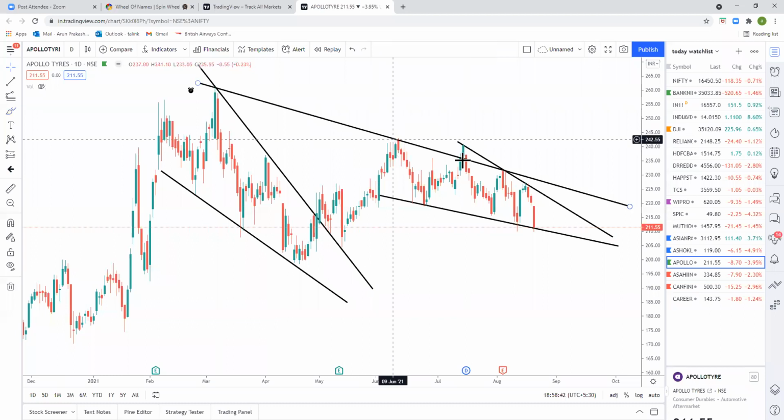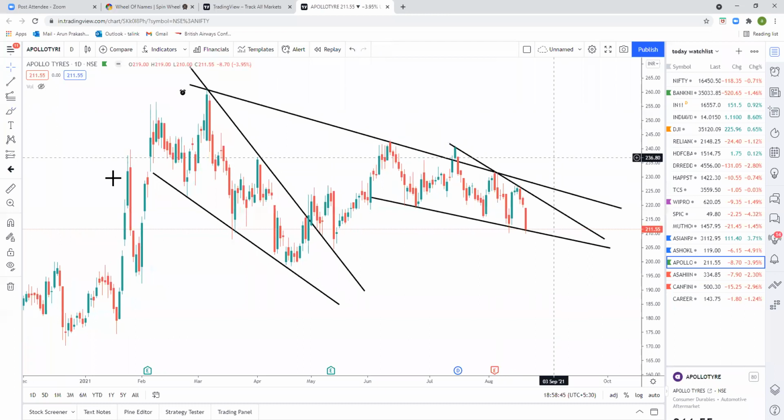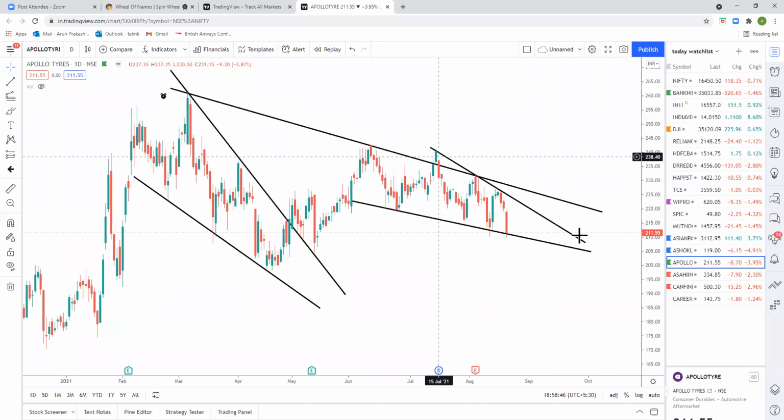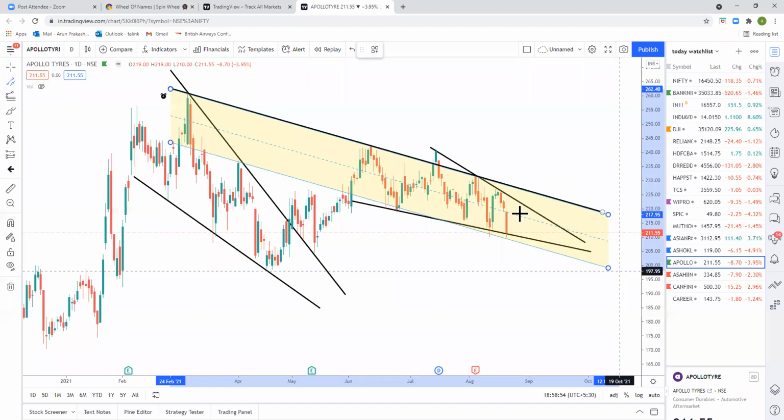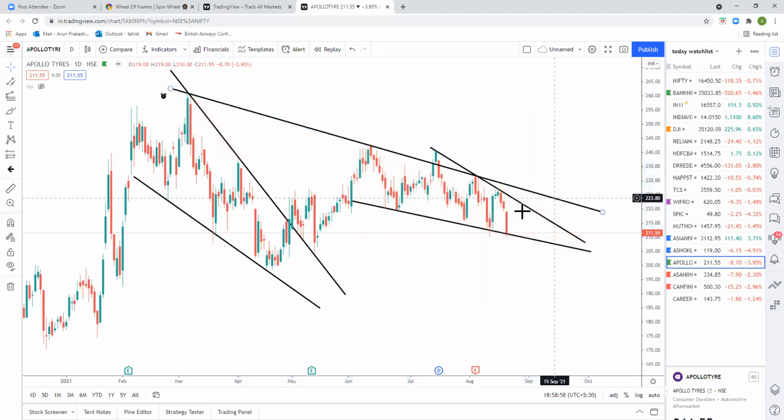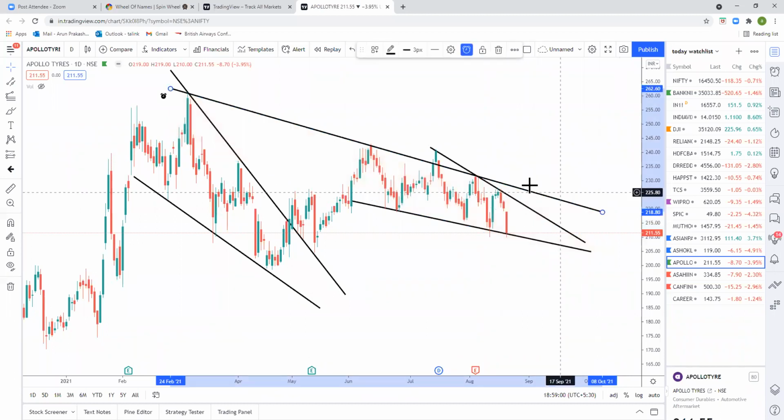Here I have 1, 2, 3, 4 touches, more number of touches, and this would be a parallel channel. So I would give more importance to this trend line here. When it is giving a breakout here, maybe for this target, I would not trade. Instead, I would wait for this trend line also to get broken.